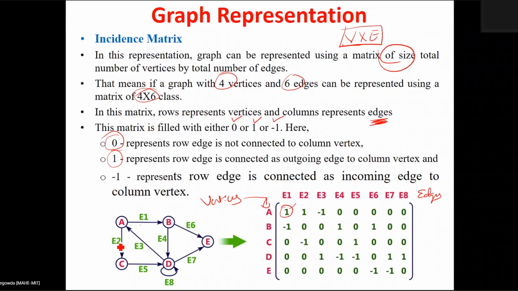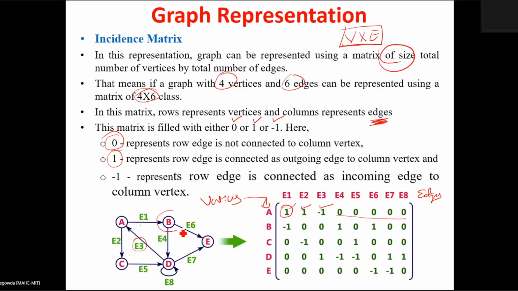Next I have E2, which is also an outgoing edge, so it is represented as 1. And E3 is an incoming edge for the vertex A, so this is -1. But considering E4, E5, E6, E7, E8, none of these edges are reaching A, so all these values will be 0.